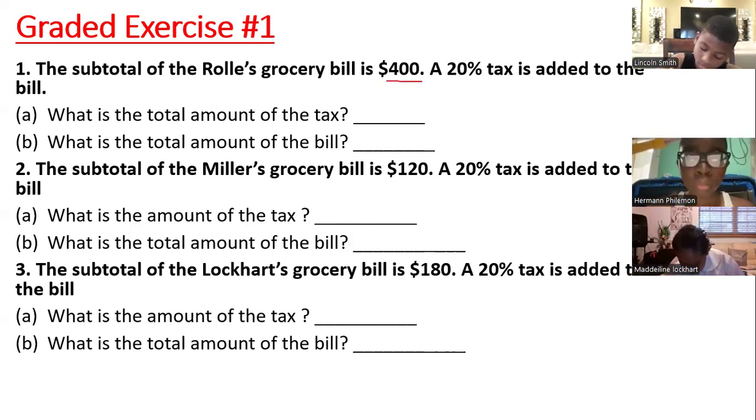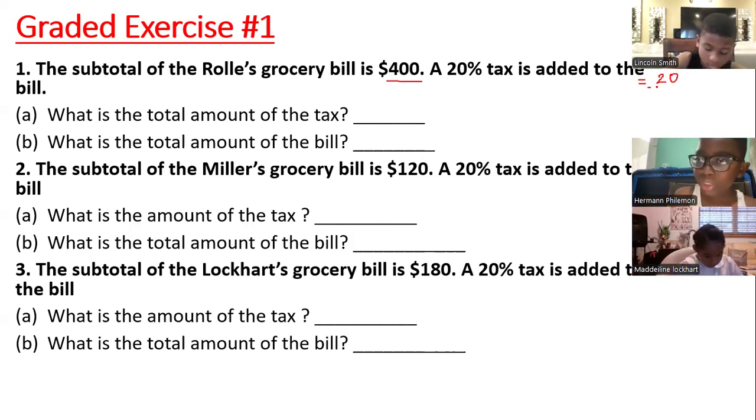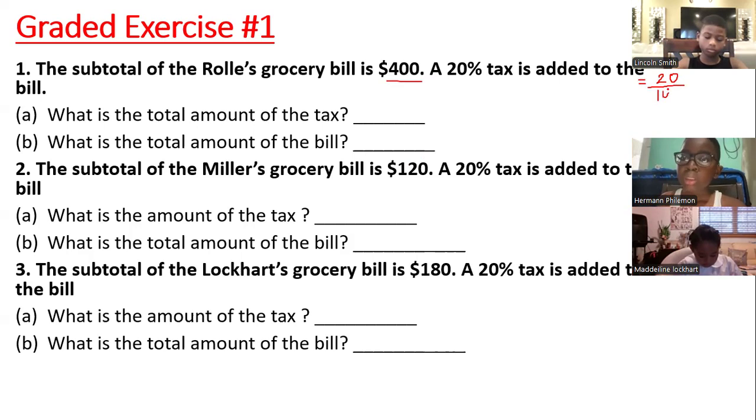What do we do at this point? We put 20, and then we change the "of" into a times. 20 over what? 20 over 100. Good. And the "of" becomes what?